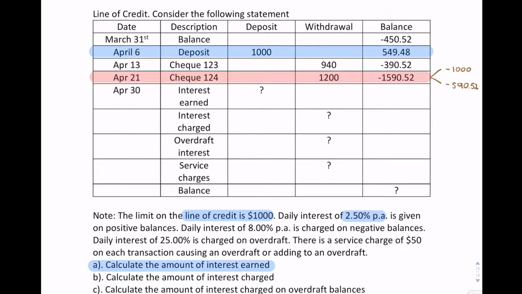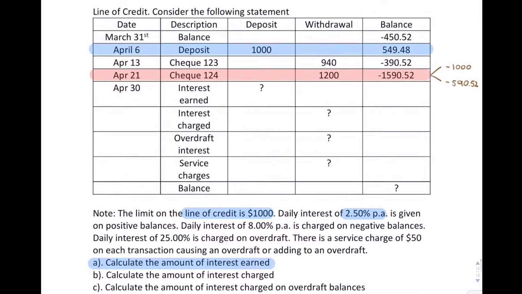Now, for how long was this? It was starting from April 6th. The way that we count days is a little different than what most people are used to. We literally have to count daily what happens. From April 6th to April 13th.